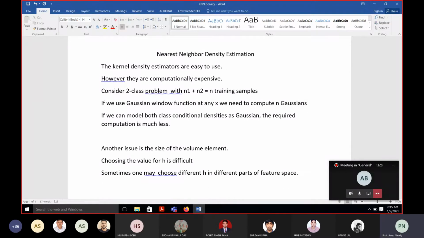If you choose the same h, then whenever you compute the density function, the density function will be more or less the same in this particular feature case. So that's why you may choose a different h in different parts of the feature space. In the kernel density estimator, I'll just tell you one way of choosing this h.